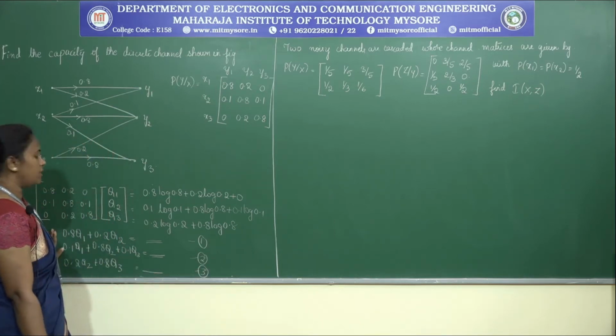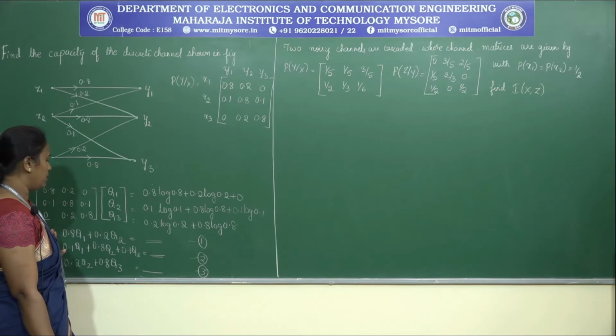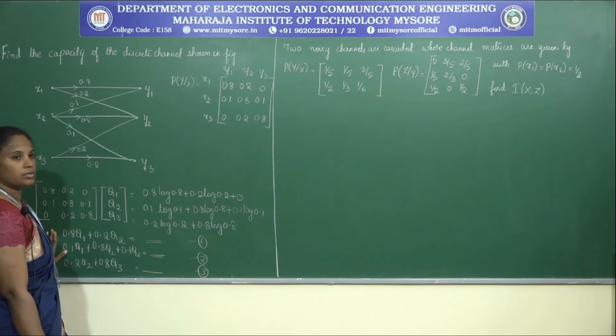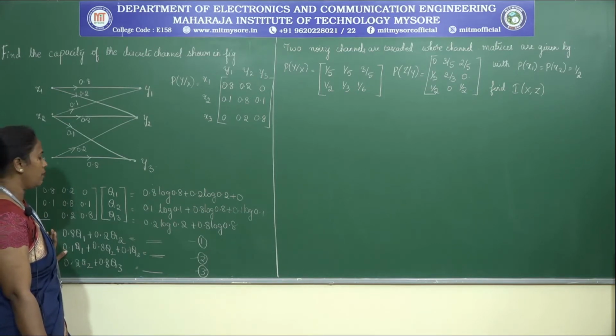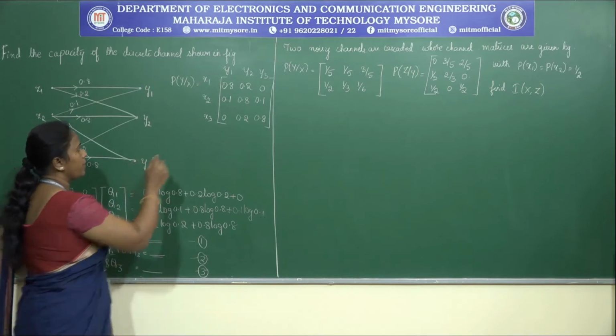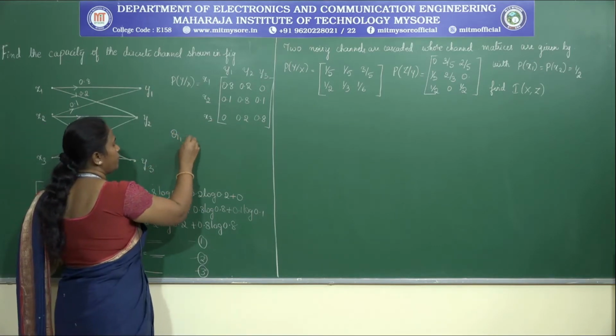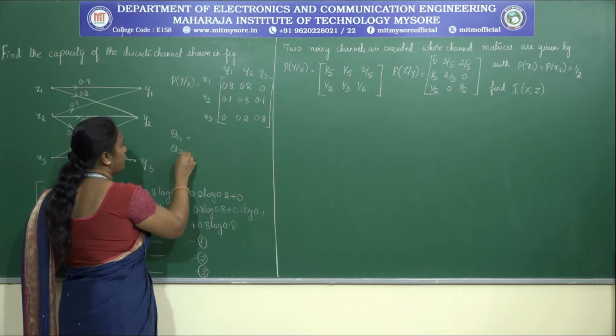Now by simultaneous equations, simplify and solve for Q1, Q2 and Q3. Find the value of Q1, the value of Q2 and the value of Q3.